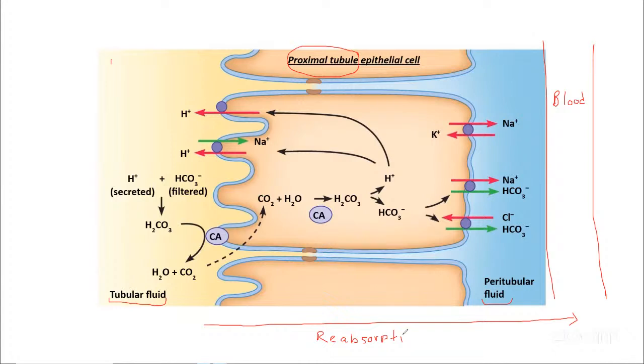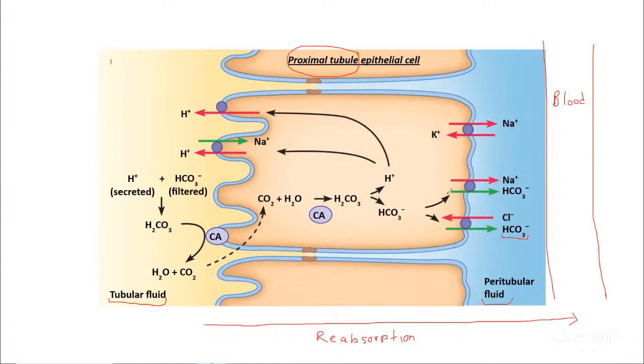So what we're trying to understand in this diagram is how we are reabsorbing bicarbonate, reabsorbing that buffer so that we keep it in the blood so it can keep buffering out hydrogen ions. Okay, so here's our bicarbonate that we're looking for. You can see it's moving towards the blood, right?